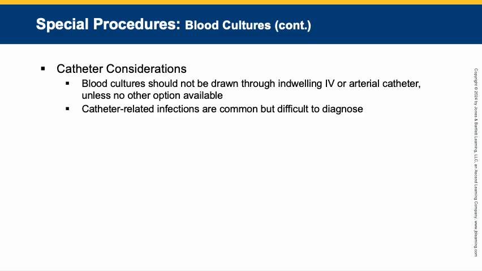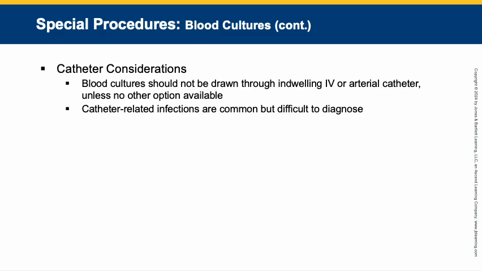Okay, catheter considerations. First of all, do not draw blood cultures through an indwelling IV or arterial catheter unless there is no other option, because draws from vascular lines have a very high contamination rate, and they may cause your patient to receive antibiotic therapy when it's not even needed.